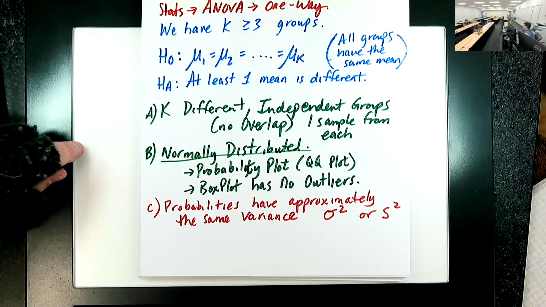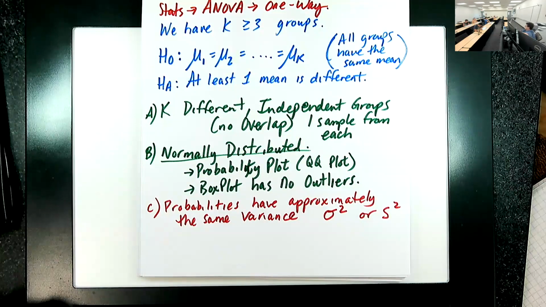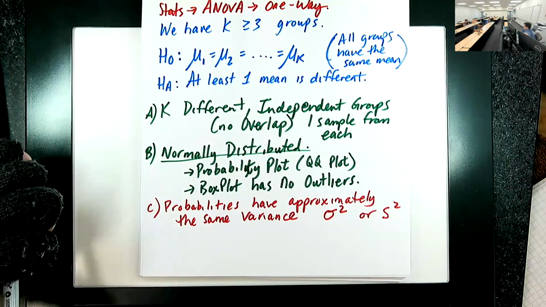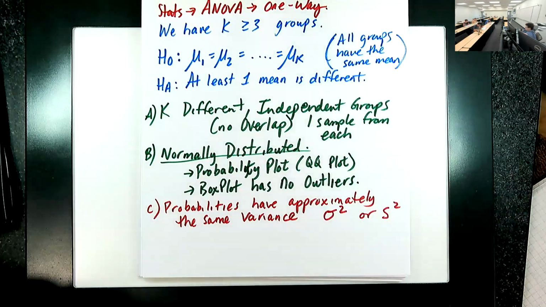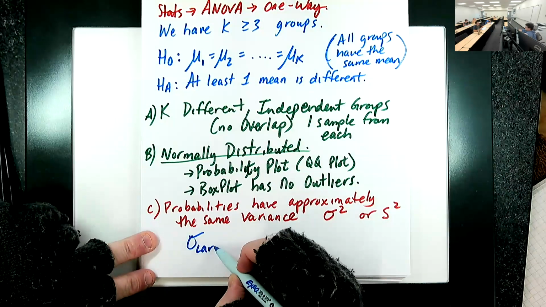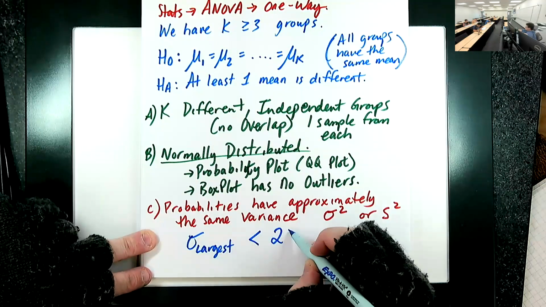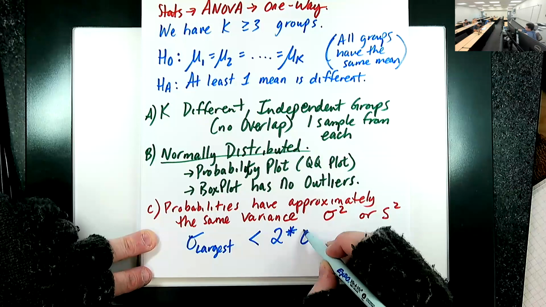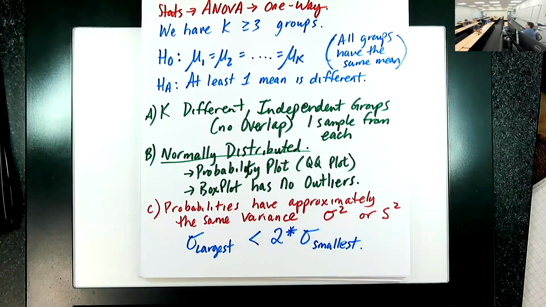So we're not going to check variance, we're actually going to check standard deviation. What you're going to do is look for the largest standard deviation and make sure that it's less than 2 times the smallest standard deviation. And we will do that today.